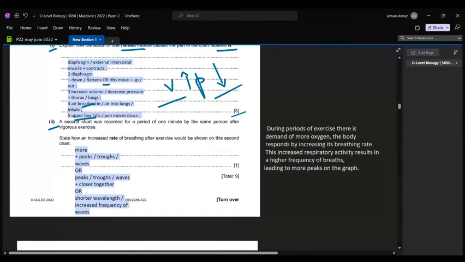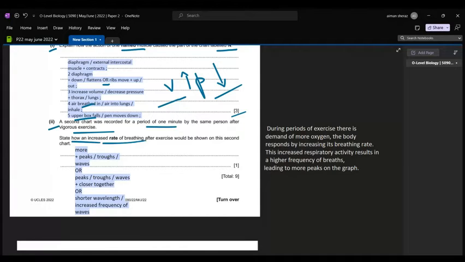Second part, a second chart was recorded for a period of 1 minute by the same person after vigorous exercise. The first chart was for a person who was resting, and now it is recorded for a person who has done a vigorous exercise. State how an increased rate of breathing after exercise would be shown on this second chart. They have already told you that there will be an increased rate of breathing.